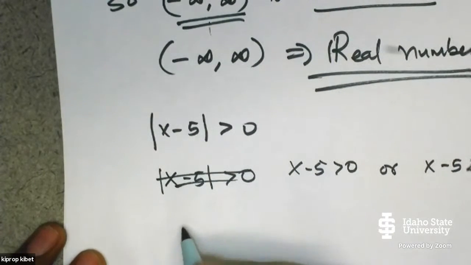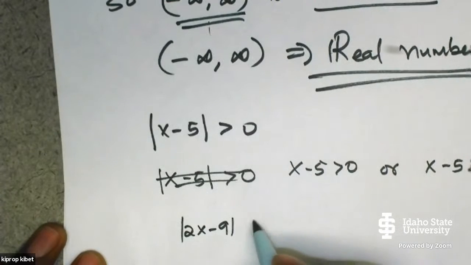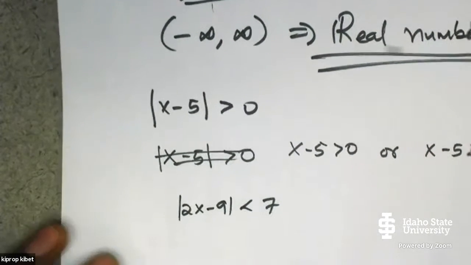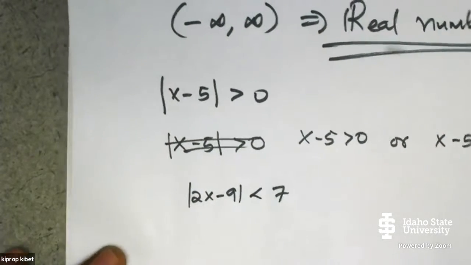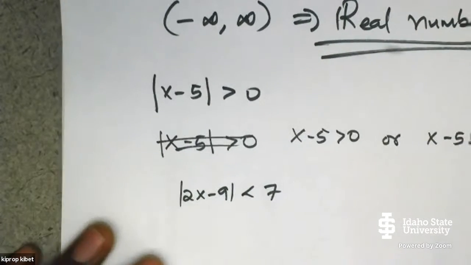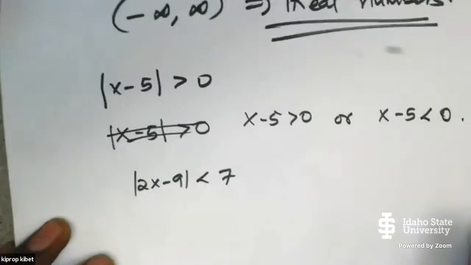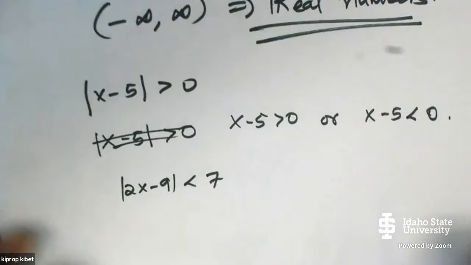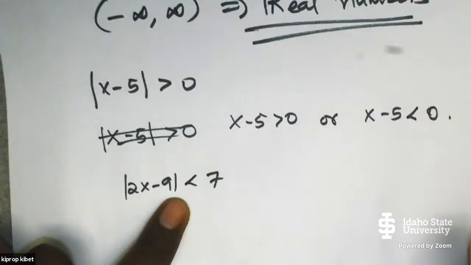Now, if it is 2x minus 9 less than 7, this one is and.